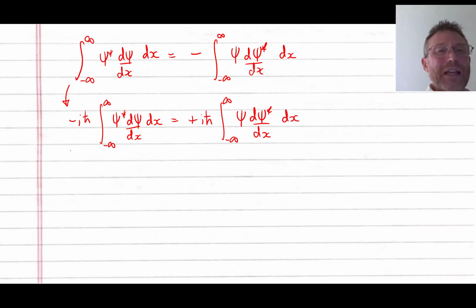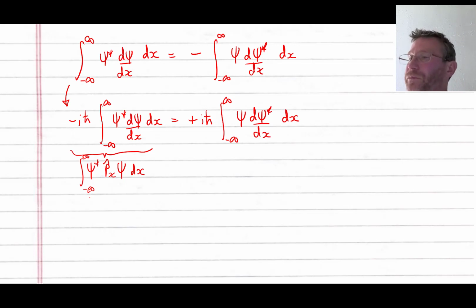And we recognize, kind of saying it over and over again, that this is psi star multiplied by the momentum operator, which operates on psi, dx, with those same limits. And we know from integration by parts that it's equal to this term on the right-hand side.